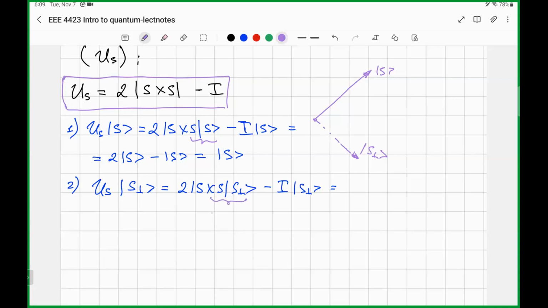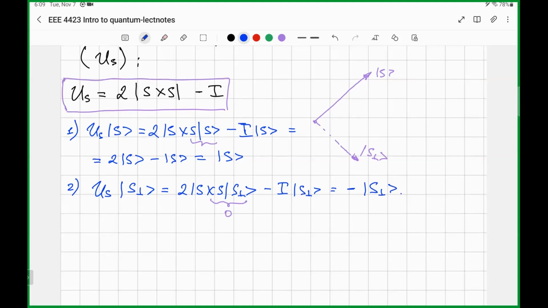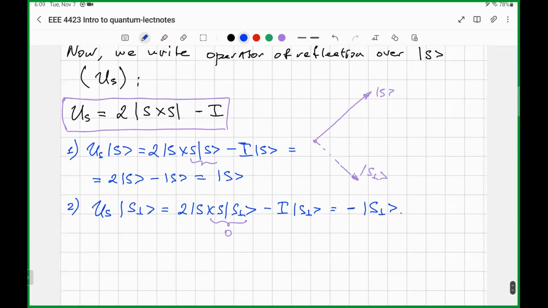This result will be equal to 0. So no projection of vector S orthogonal to the vector S. And the result will be equal to identity operator times vector S orthogonal is vector S orthogonal. So the result is minus vector S orthogonal. So indeed, this operator here represents the reflection of a vector over the vector S.